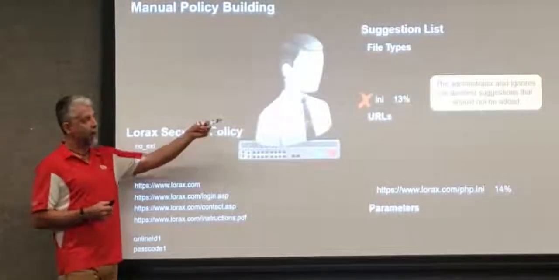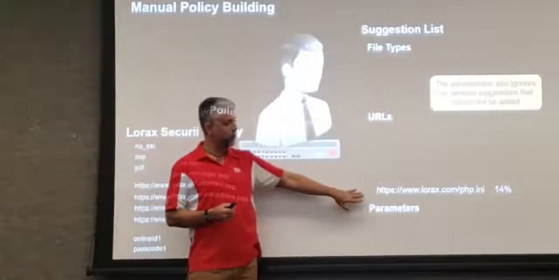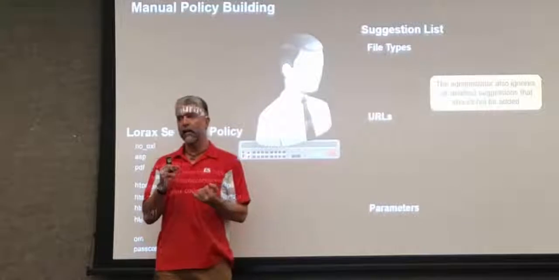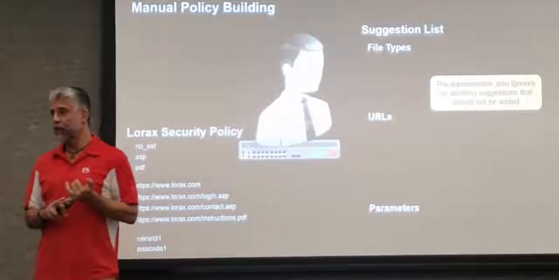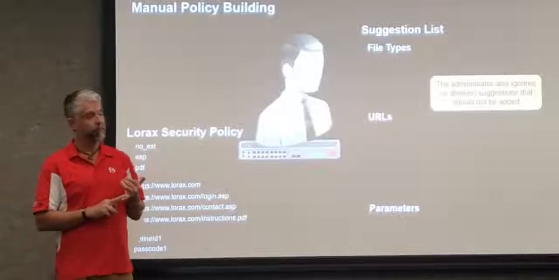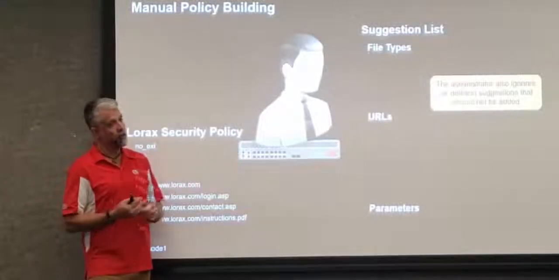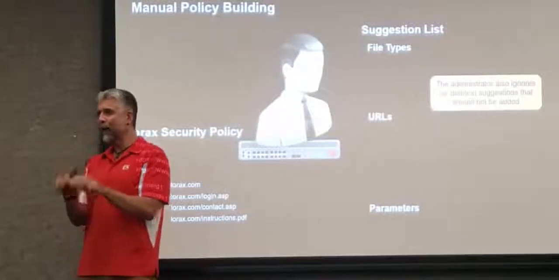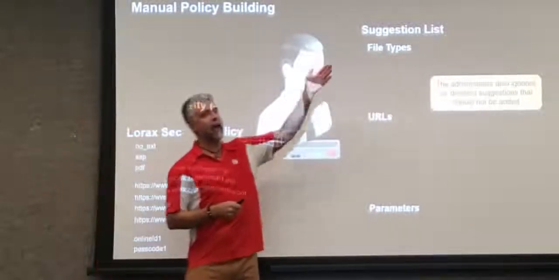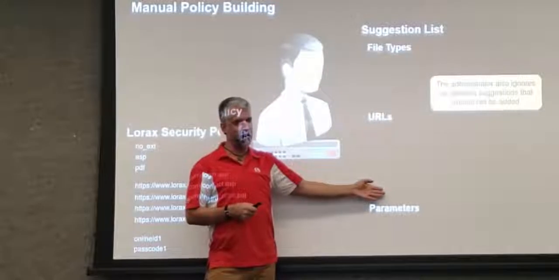Also, we talked about the fact that somebody should come through and potentially delete or ignore those other learning suggestions. As a reminder, if I choose to delete them, as soon as somebody requests php.ini again, it's going to add it here again, and it's going to add it there again.